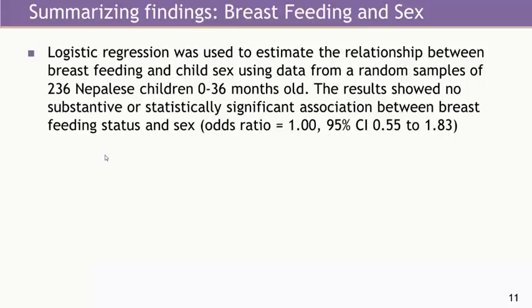So if we wanted to summarize these findings in a paragraph, as if we were writing a results section for an abstract, for example, we might say something like, logistic regression was used to estimate the relationship between breastfeeding and sex of a child using data from a random sample of 236 Nepalese children 0 to 36 months old. The results show no substantive, now this is my interpretation because the estimated odds ratio in the sample was essentially 1, or statistically significant association between breastfeeding status and sex.